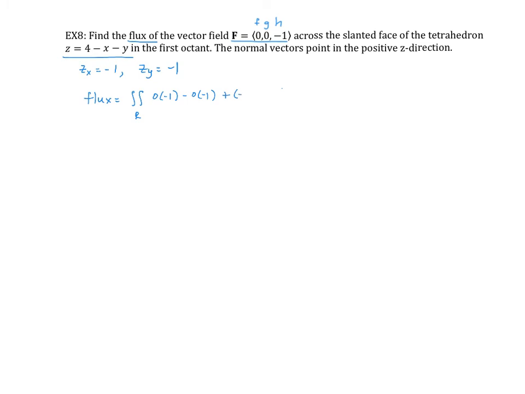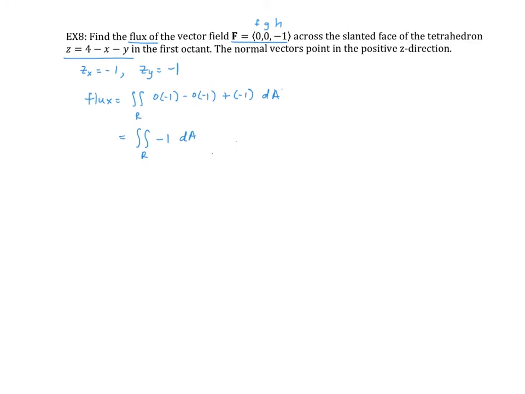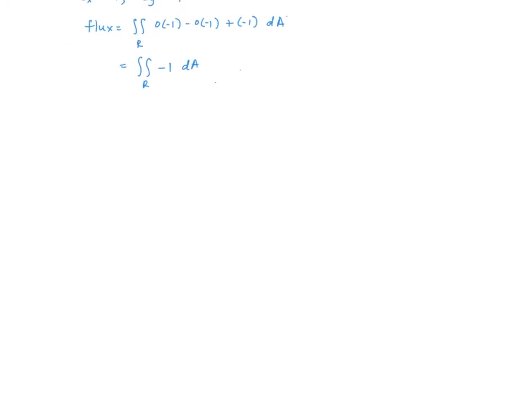Plus negative 1 dA. And this becomes negative 1 for the integrand, which is nice because since it is a constant, I can bring out the negative. And if I look at this integral over the region of 1 dA, this is the area of my region.